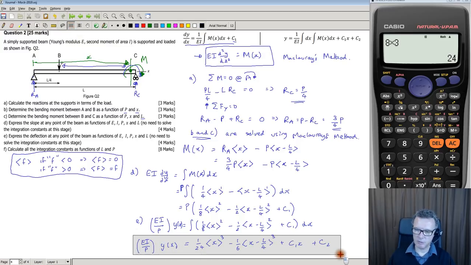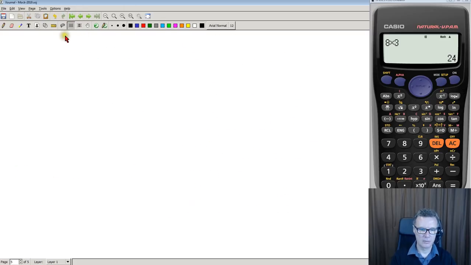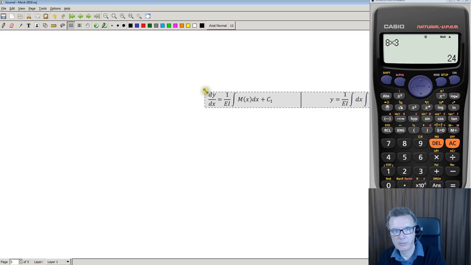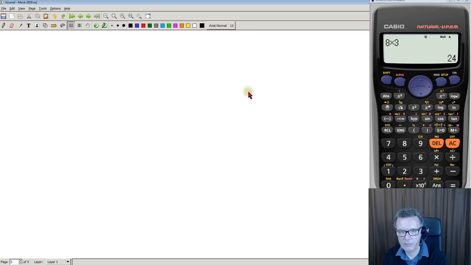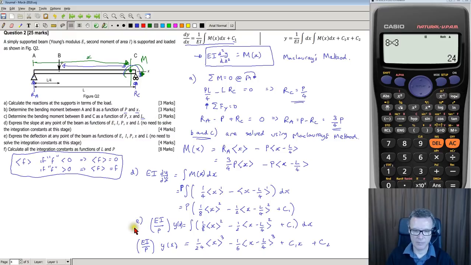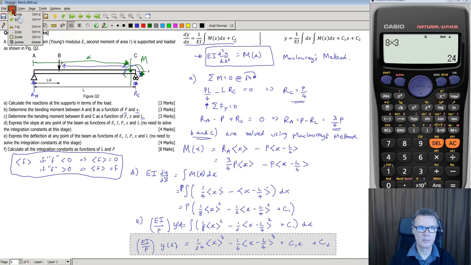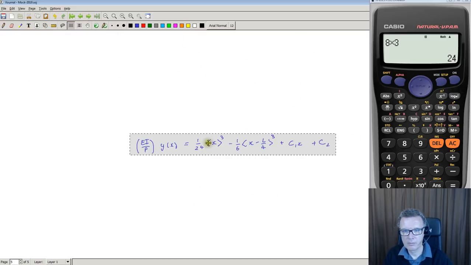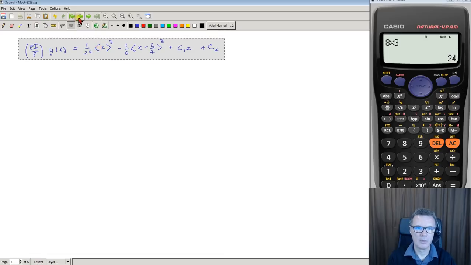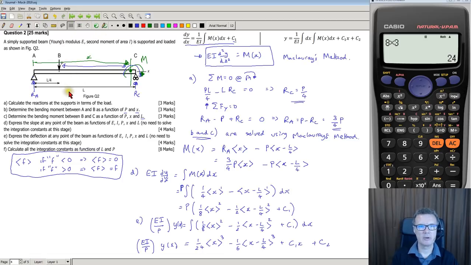So the alternative method to solve this problem is to use the stitch-up method. So the stitch-up method, let's just talk about that before I finish the question.